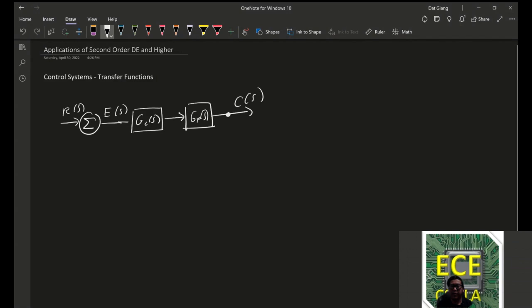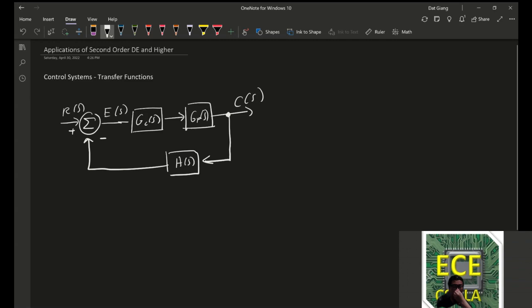The part that makes it a control system is the feedback path, which is modeled by H of S. And this goes back in negative feedback, like so.